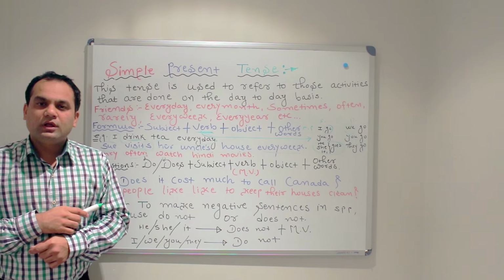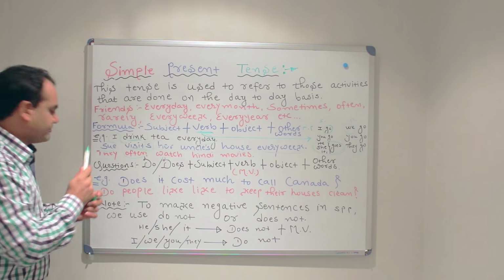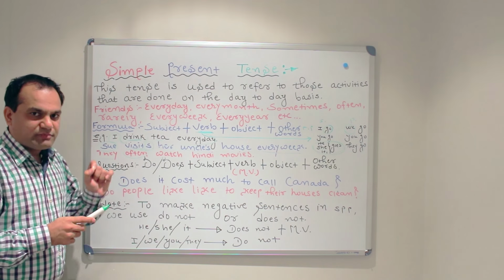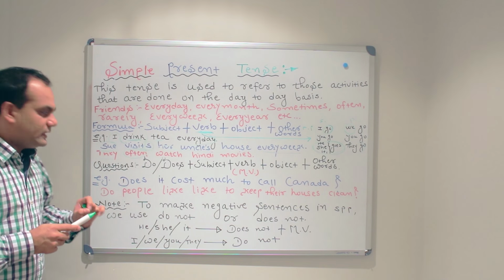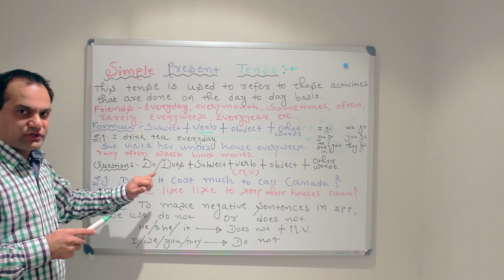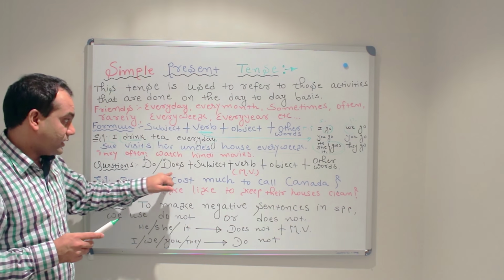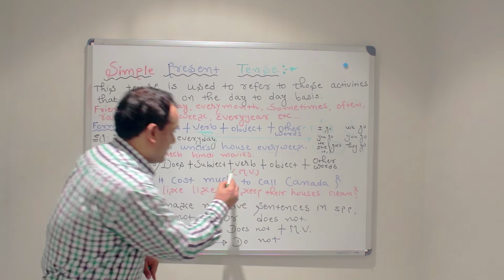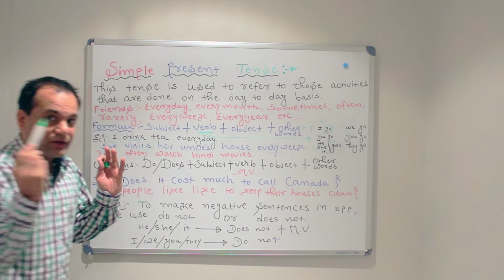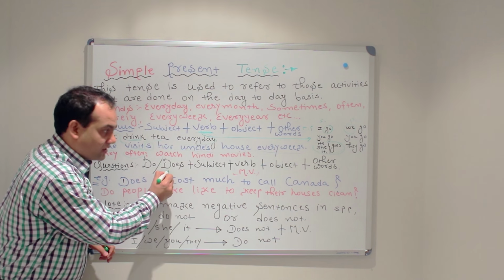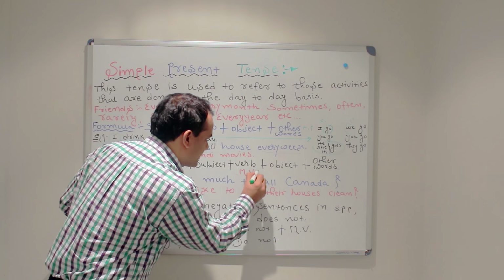Now, how do you construct questions in simple present tense? Very simple. Questions in simple present tense are constructed either with do or does. So, in the beginning of the question, you have to put either do or does plus subject plus verb. While making questions in simple present tense, because you are using do or does, you always use the main verb.